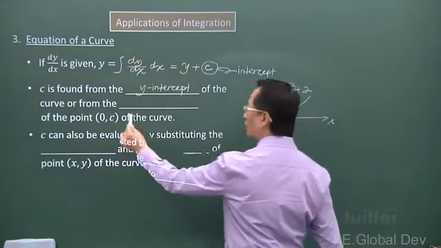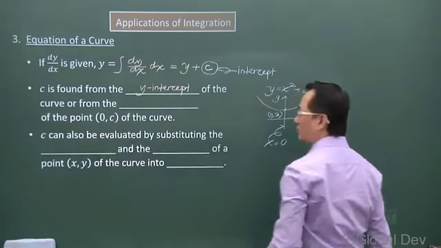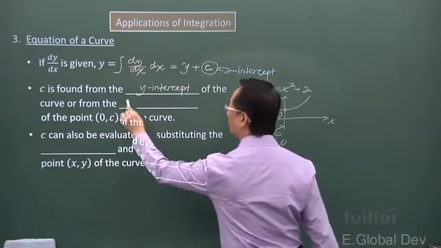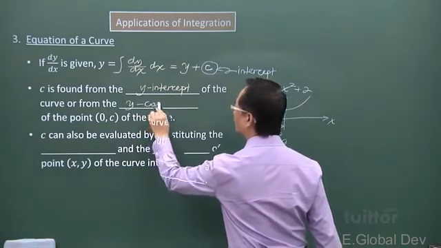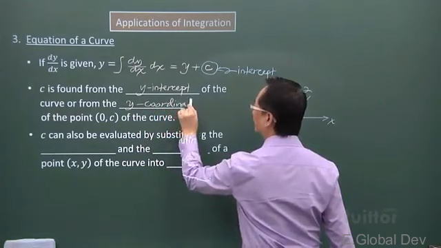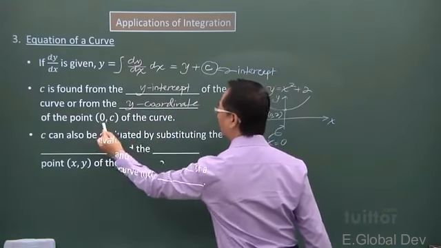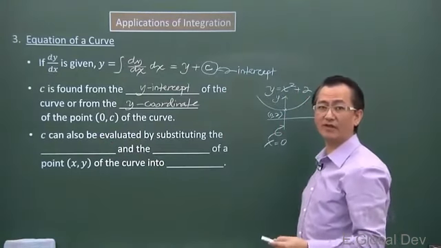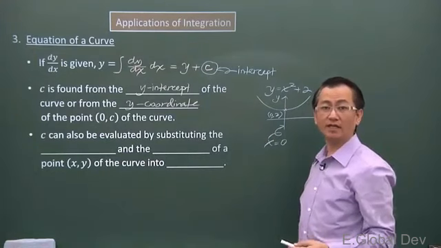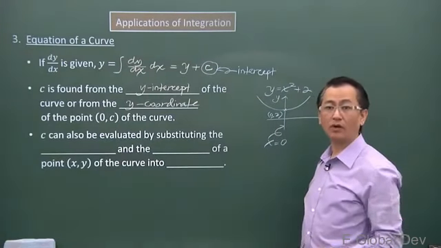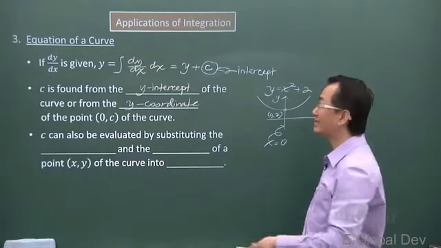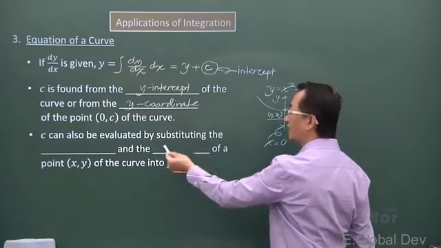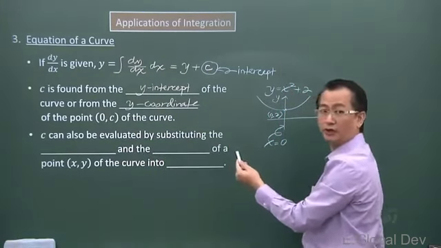Or if you already know the intercept coordinates, then it will be the y-coordinate of this point. You can see the c is appearing here. Of course, in the event that you're not given the coordinates of the y-intercept, or you have no knowledge of what c is, that's why you're looking for the c, then you use any point that is on the curve.